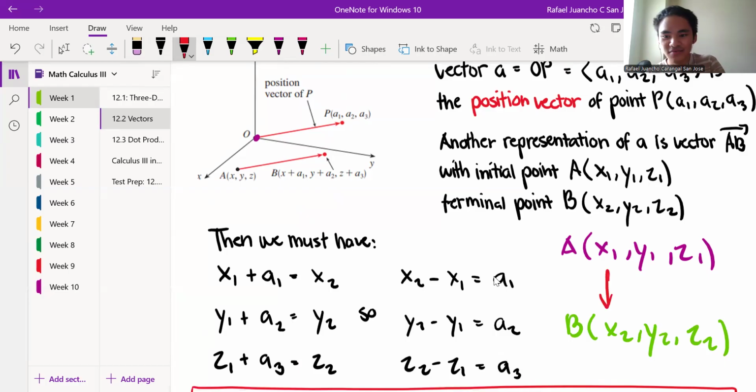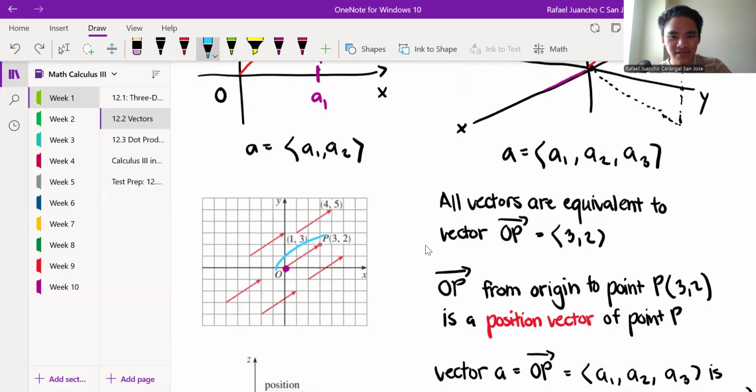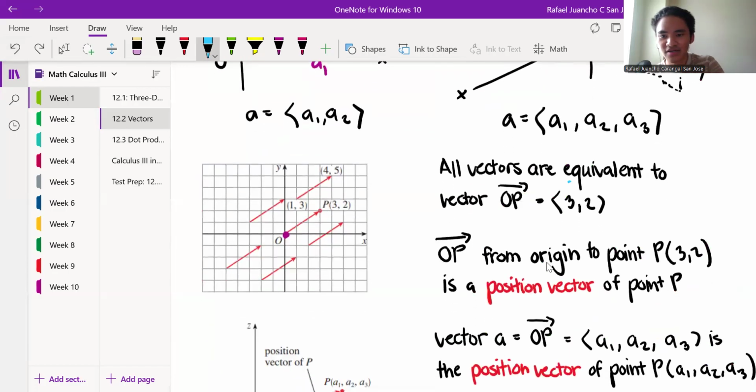Now we add the same thing. We add A1, we add A2, we add A3, because they have the same distance. This one has the same length as this vector, because they're equivalent.